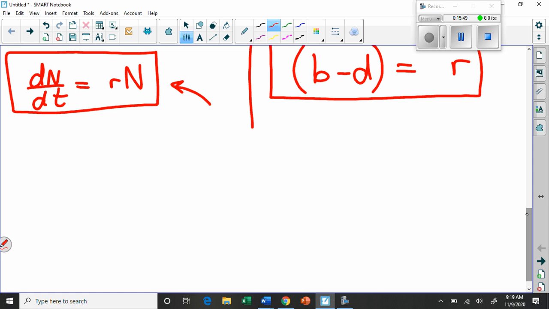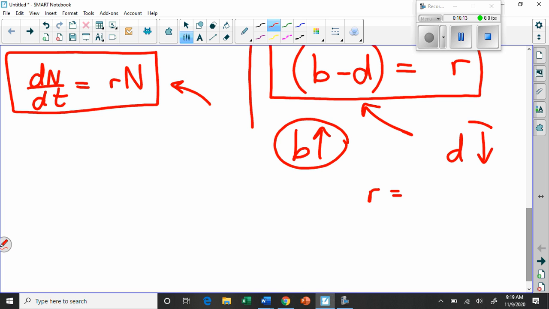If you think about what would happen in wildebeest heaven, births would be skyrocketing and the deaths would be dropping, because why would you die, right? There's nobody hunting. It's an idealistic situation. And that means that r, because if the b is getting bigger and you're subtracting an ever smaller number, the r is going to shoot up and be large as well. The difference in those would get bigger.